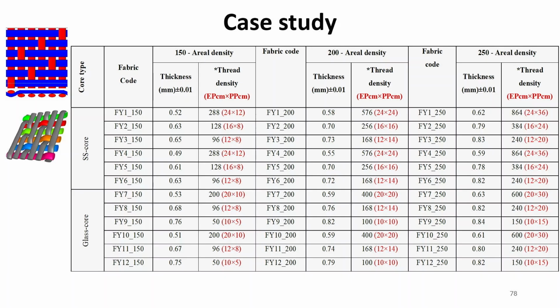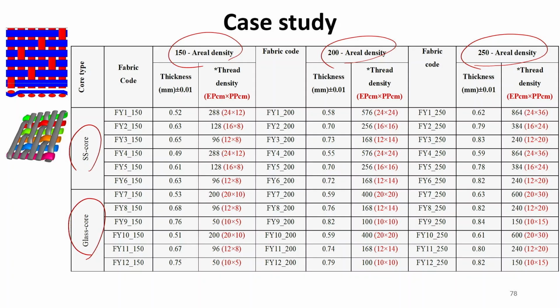The same fabrics which were used in cut resistance testing are used here, that is, stainless steel core and glass core with different GSM: 150 grams per square meter, 200 GSM and 250 GSM.